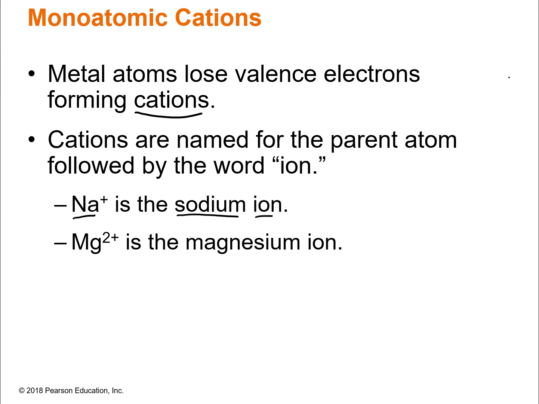For magnesium, Mg is magnesium, you write that out, followed by the word ion. So this is monoatomic cations. And all you're doing is the name of the atom plus the ion. That's how you name those.